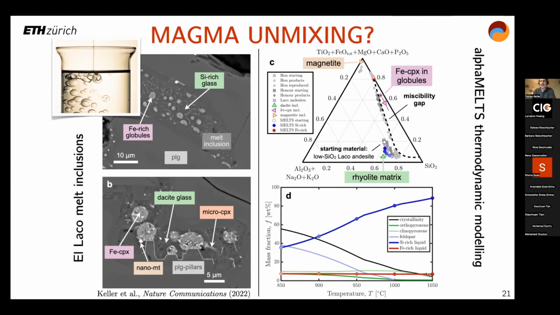And all of this happens at a total crystallinity of about 20 to 50%. So going from a suspension into a mush regime.